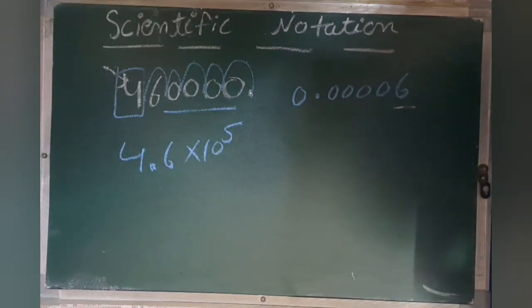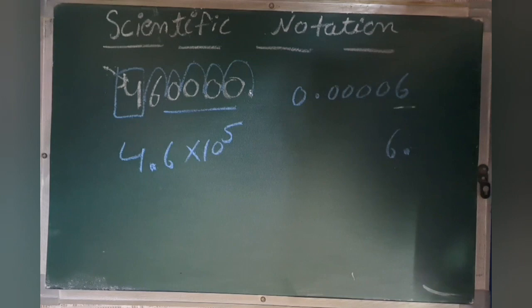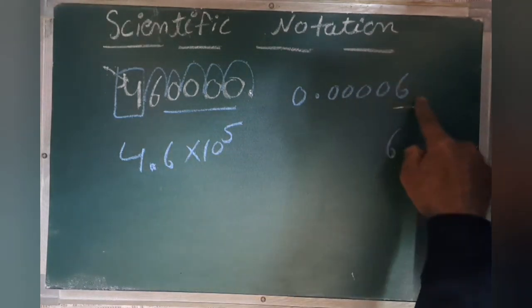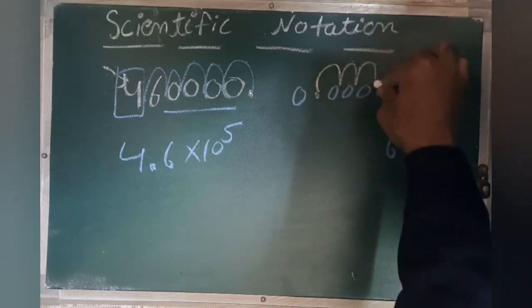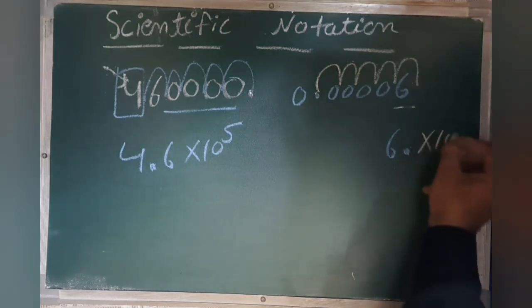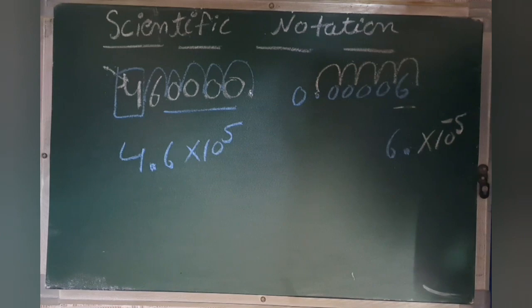We have to put the decimal after the leading digit, that means we have to put the decimal here. In our question the decimal is here, so we have to shift the decimal here. How many times do we move? 1, 2, 3, 4, 5. So what is the answer? 6 multiplied 10 power minus 5.